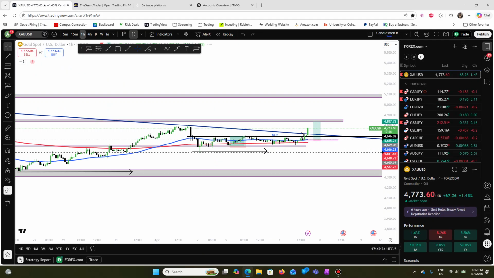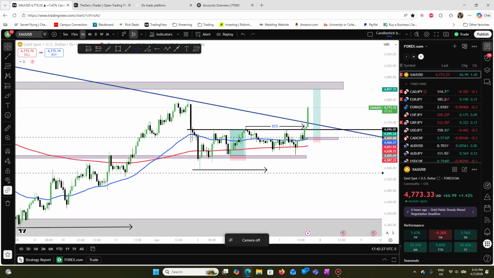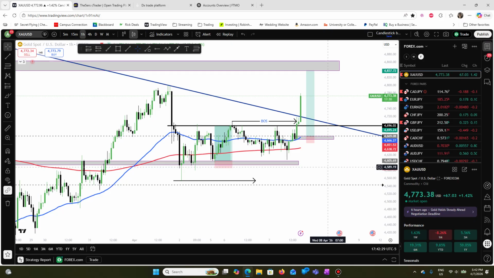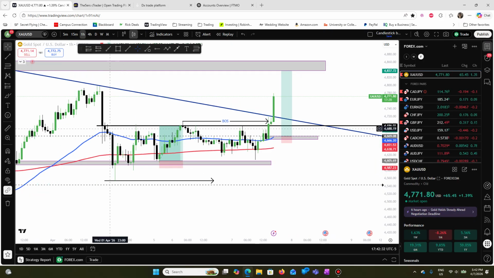And on the 1 hour time frame, where I was looking, I earmarked this zone to say if we break above this level right here where sellers are sitting, if buyers are able to break above the zone where sellers are sitting, because they've pushed the market every single time prices get to that location, then the market is just going to move up to potentially the highs of this higher high.